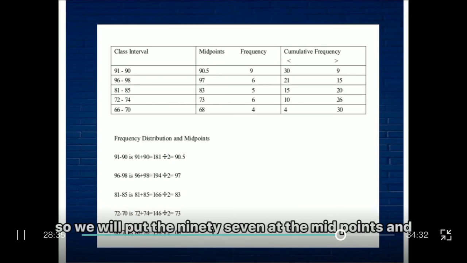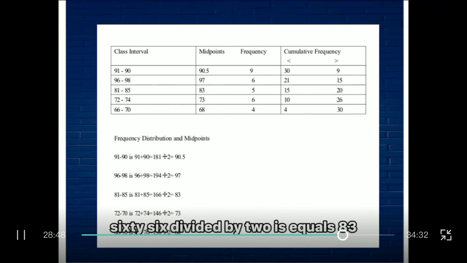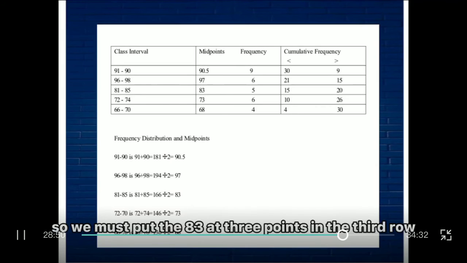So we put the 97 at the midpoints. And third, 81 to 85 is 81 plus 85 equals 166 divided by 2 equals 83. So we put the 83 at the midpoints in the third row.